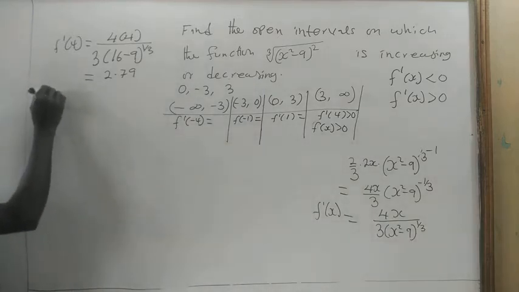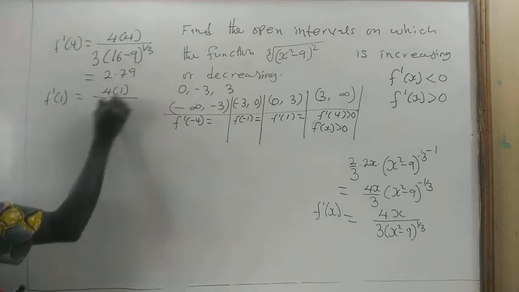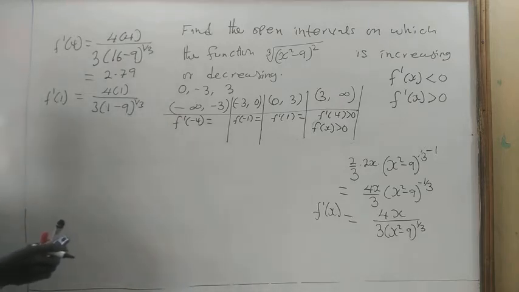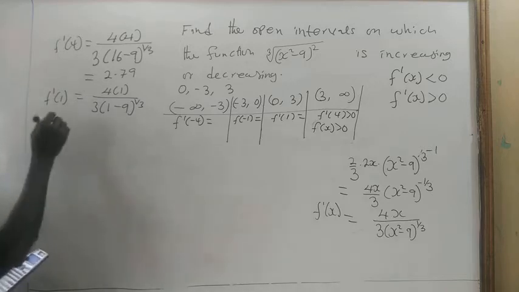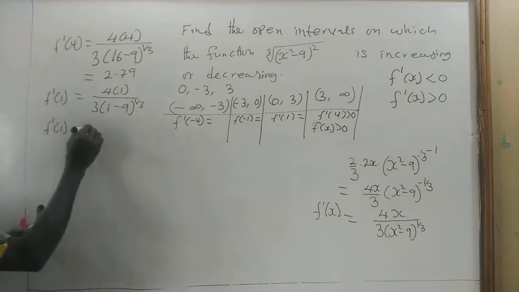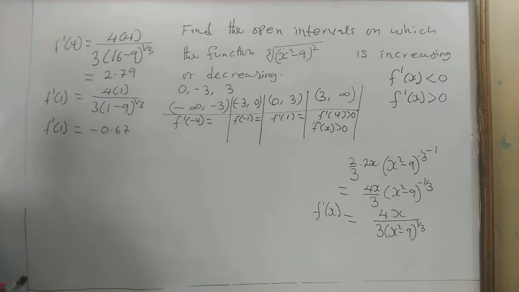If I test f prime of 1, I'm going to get 4 times 1 divided by 3 times 1 squared is 1 minus 9, the power 1 out of 3. So here I'm going to have f prime of 1 to be equal to minus 0.67 to 2 significant figures.